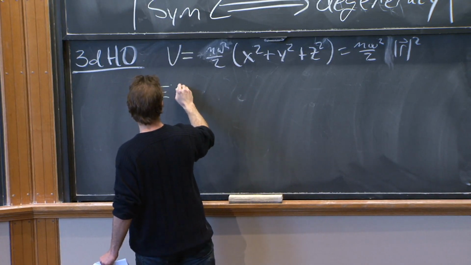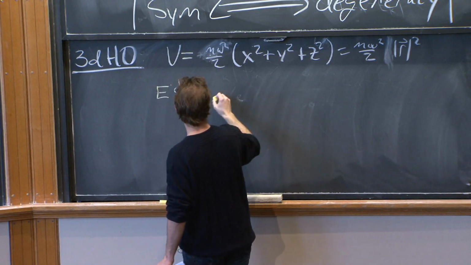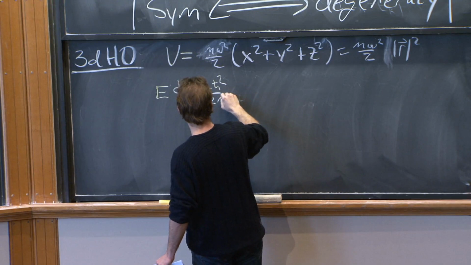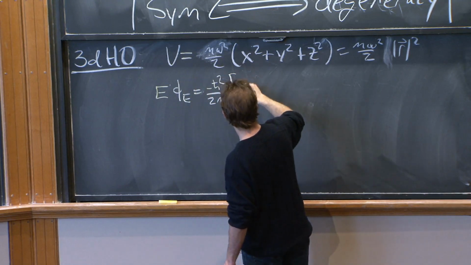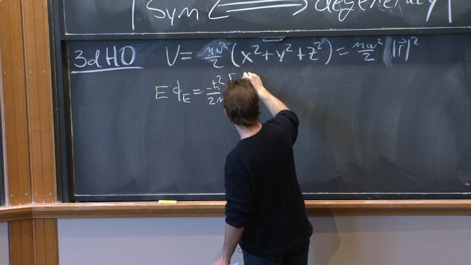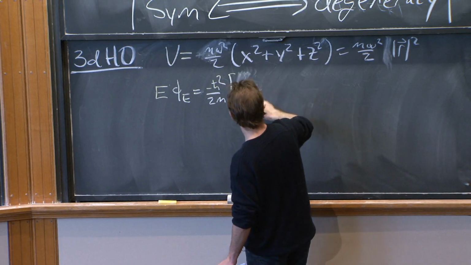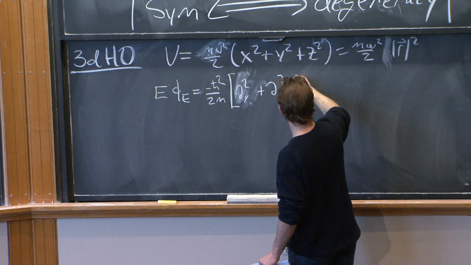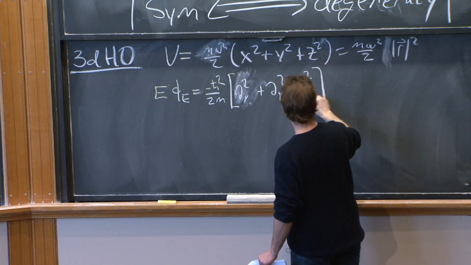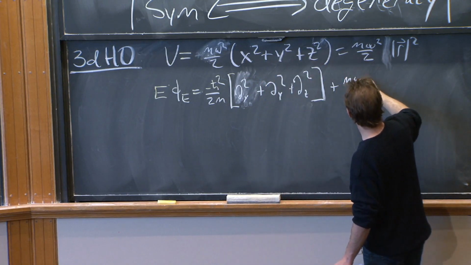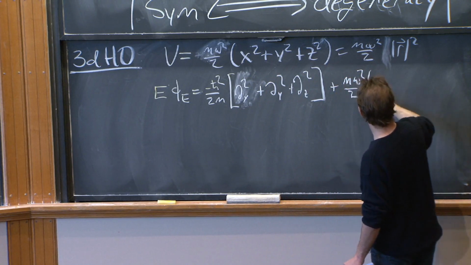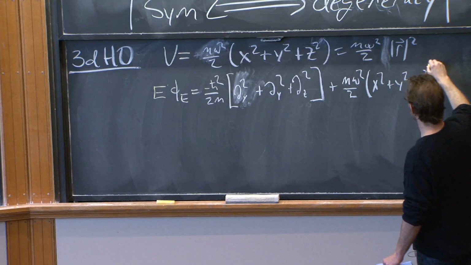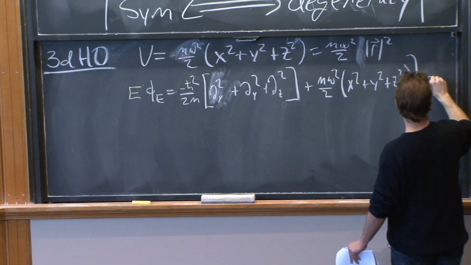Well, we have the energy eigenvalue equation: E phi_E is equal to p squared over 2m, that is, minus h bar squared over 2m times d_x squared plus d_y squared plus d_z squared, plus m omega squared upon 2 times x squared plus y squared plus z squared, acting on phi_E.